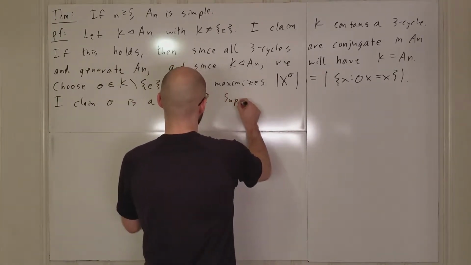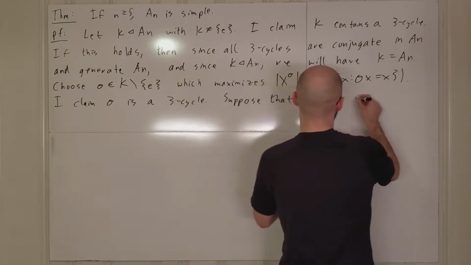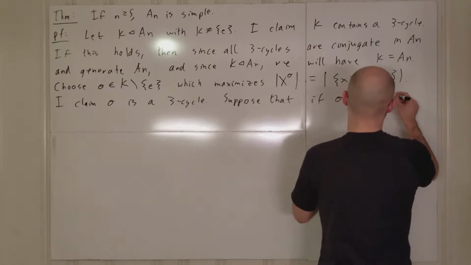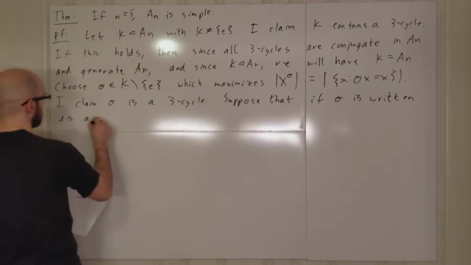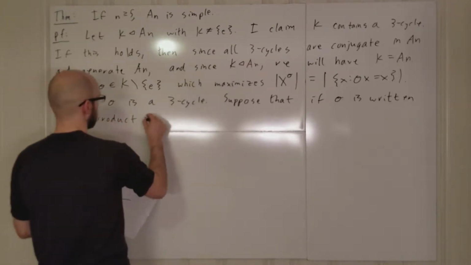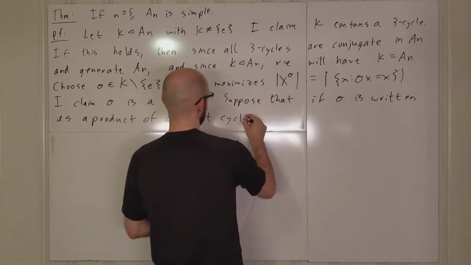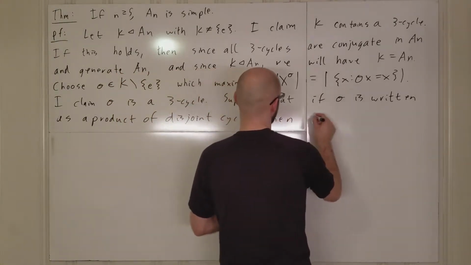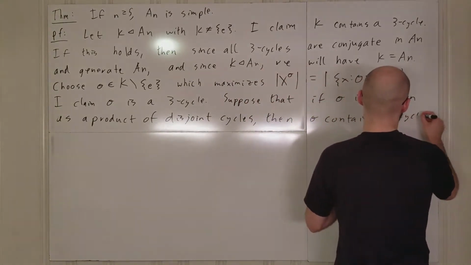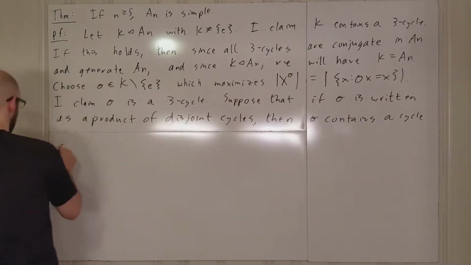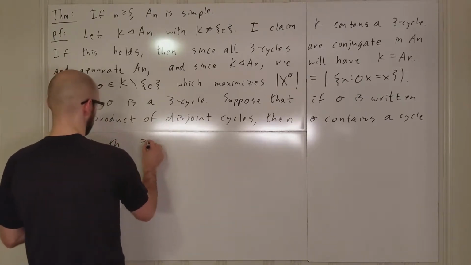suppose that sigma is written as a product of disjoint cycles, then sigma contains a cycle of length greater than or equal to 3.